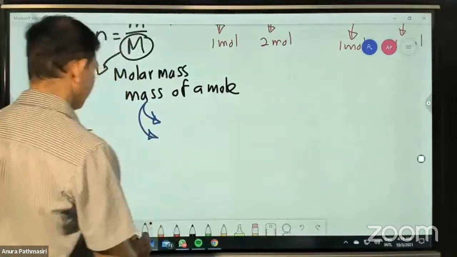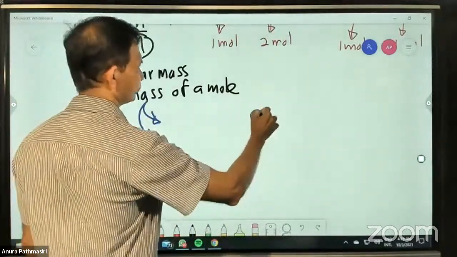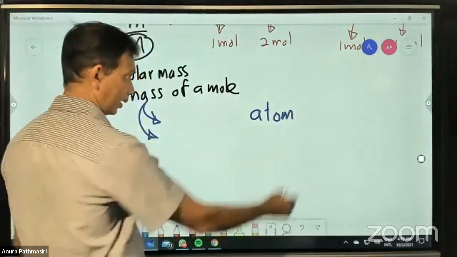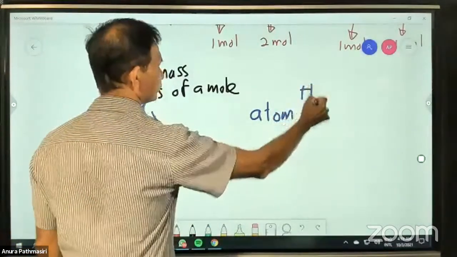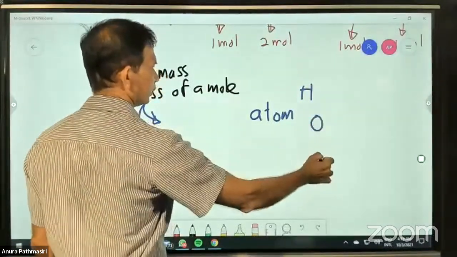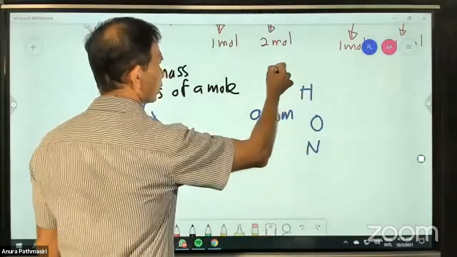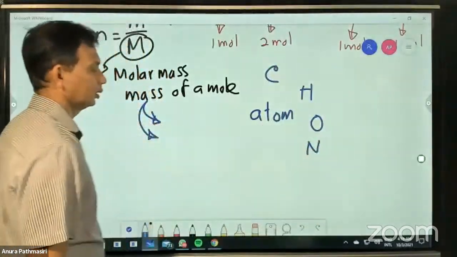The compounds can be existing in the atmosphere in 2 ways. It may be atoms, for example hydrogen, oxygen, nitrogen, carbon, right?